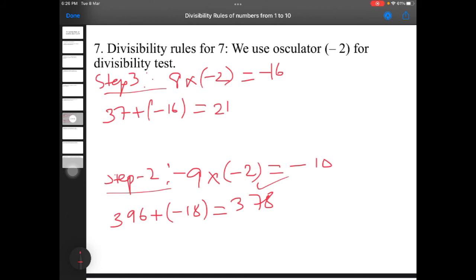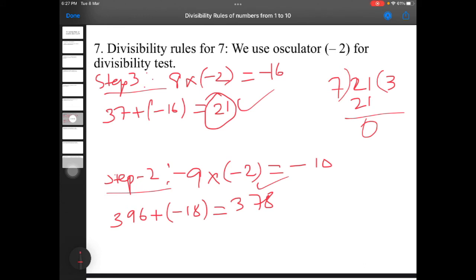Then 21, we know 21 is divisible by 7, 7 times 3 is equal to 21. This is a small number, so we can test it easily. In this case 21 is divisible by 7.